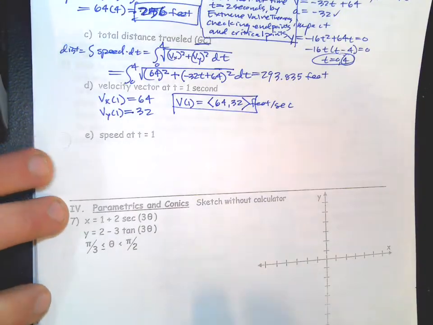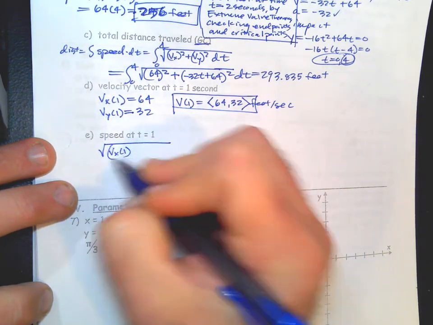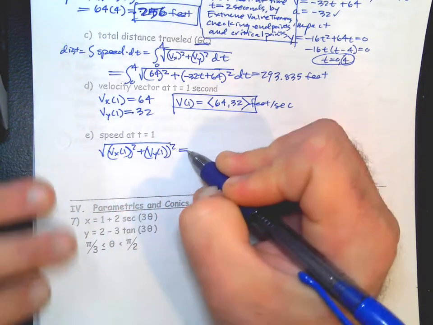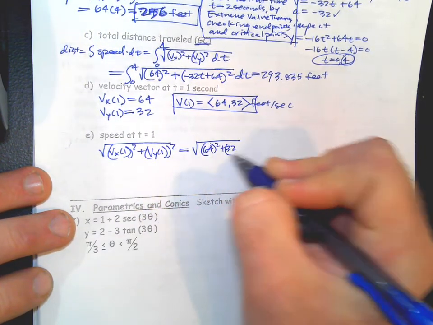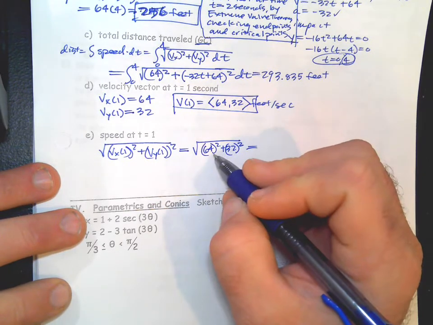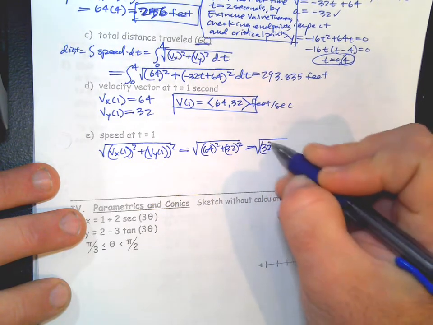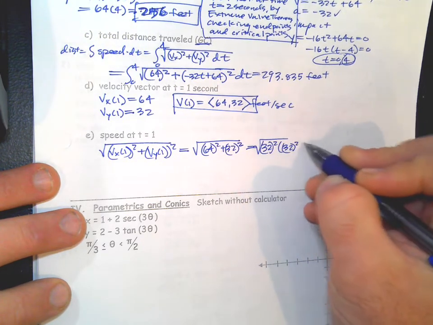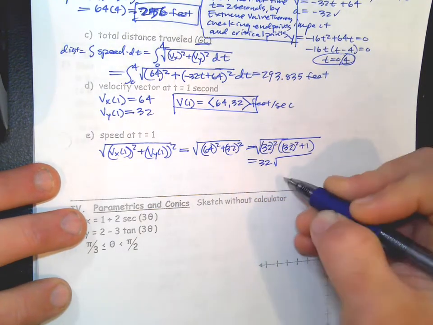The speed at time 1, well, the speed is going to be the square root of velocity in x at time 1 squared plus velocity in y at time 1 squared. And we just calculated those. That was 64 and 32. I think we could pull this off without calculating it. What I would do is pull a 32 squared out of both of those, and then you would have a 32 squared plus 1 left over.